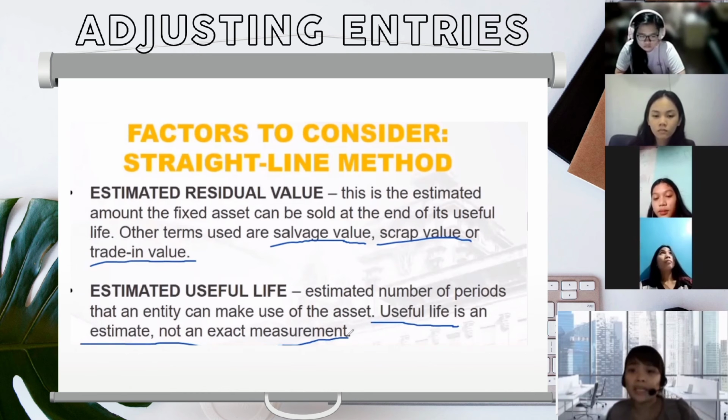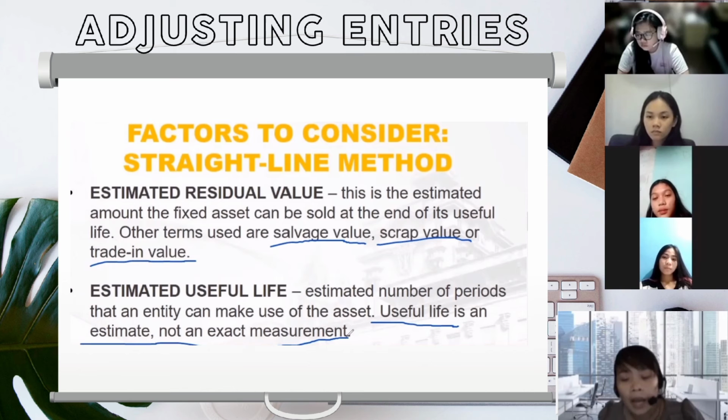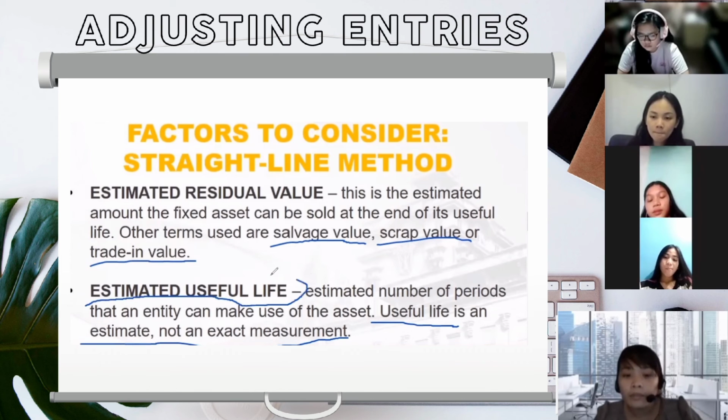Like for example, di ba nakikita nyo minsan yung mga condo? Magtataka kayo yung condo, tapos ang tataas ng mga building, tas ginigiba. Sa tingin nyo, bakit kaya nangyayari yun? Bakit ginigiba yung mga building? Matagal na po yung building. Yes, matagal na yung building. Tama, Ira. So, ibig sabihin kasi, na-reach na yung useful life niya.